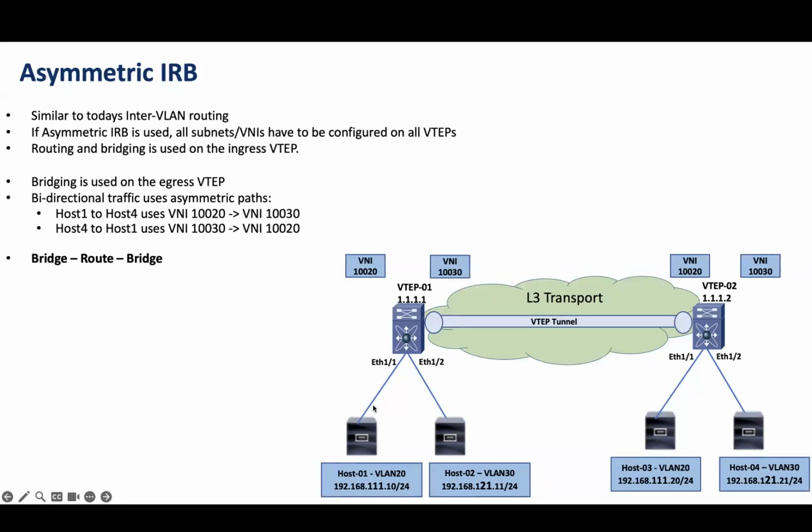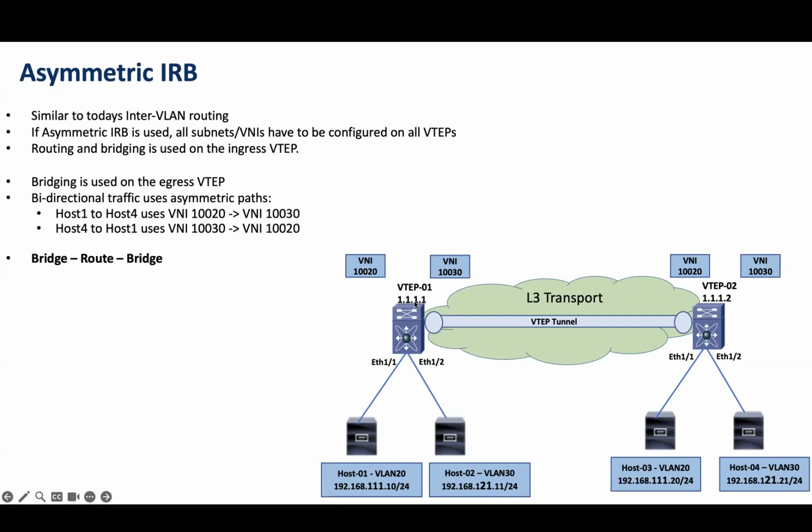Let's say we want to send the traffic from host 1 to host 4. Host 1 belongs to VLAN 20, which is associated with VNI 120. Host 4 belongs to VLAN 30, which is associated with VNI 130. So traffic will be bridged towards the default gateway as the destination is in a different subnet.